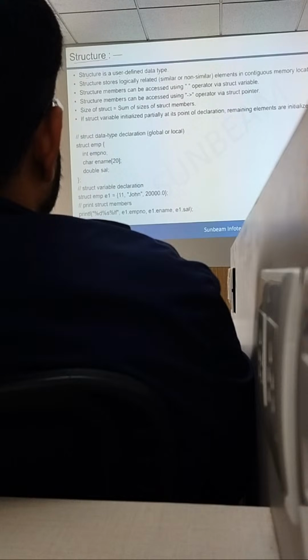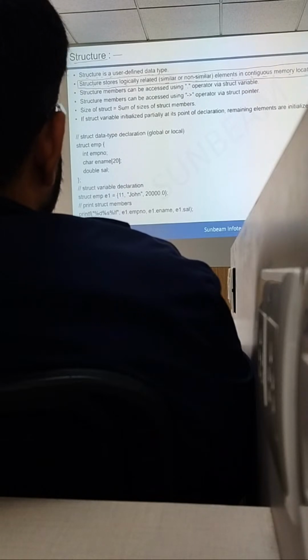So this is the most important point from the perspective of declaration as well as hierarchy of different types of other data types within C programming. So structure is counted among user defined data types. Again, structure stores logically related, similar or non-similar elements in contiguous memory location.